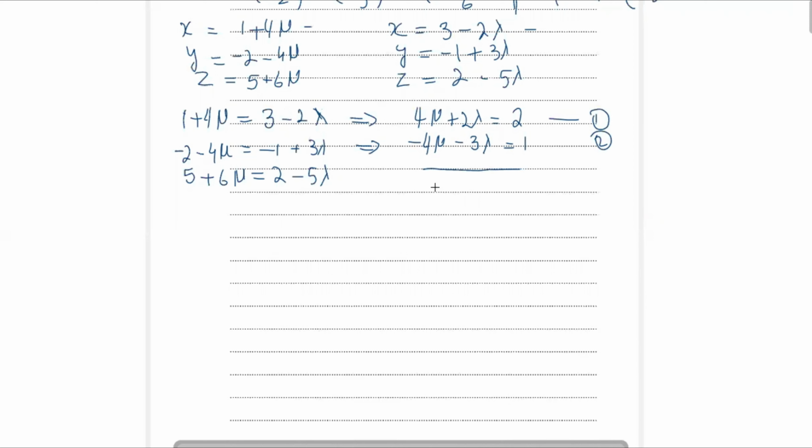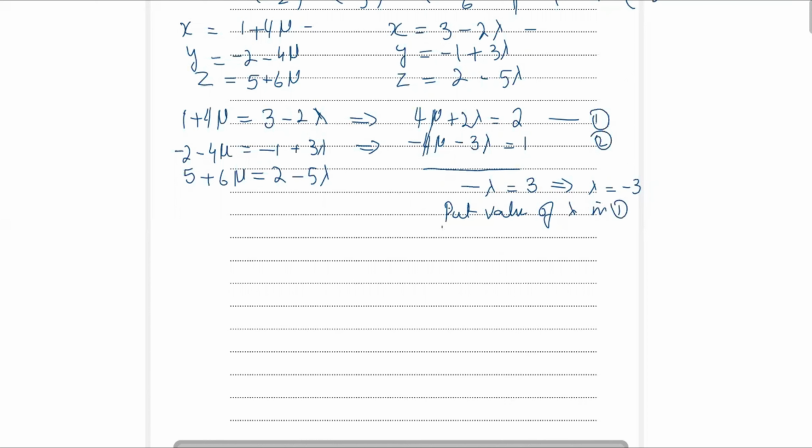We add these equations. You see here that mu will be cancelled. Now minus 1 lambda will be equal to 3, and lambda equals minus 3. Now we put the value of lambda in equation 1.